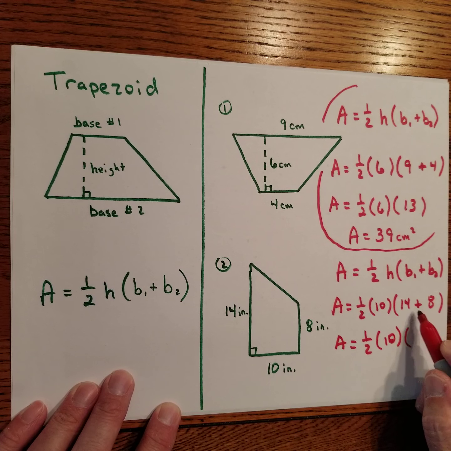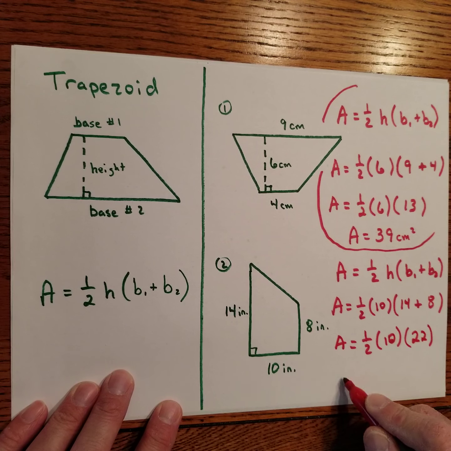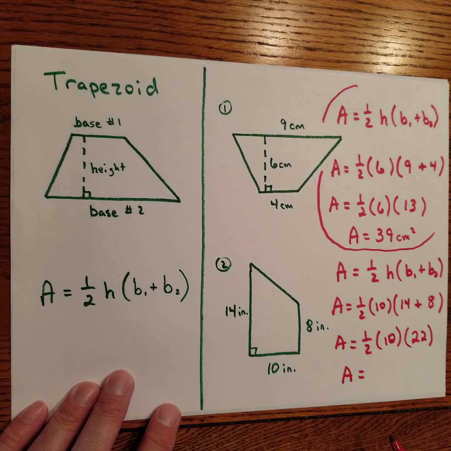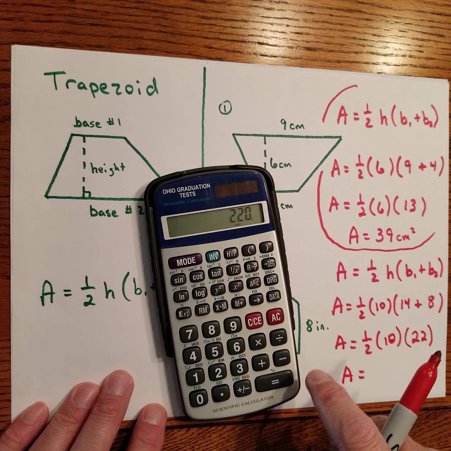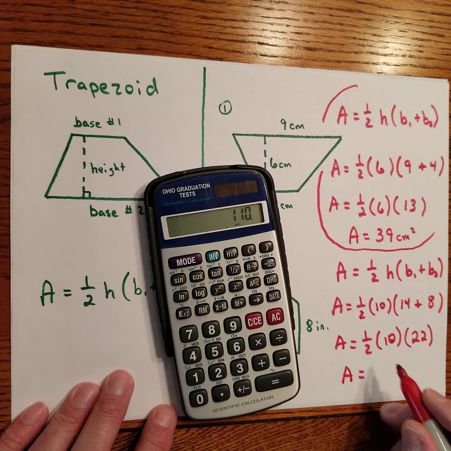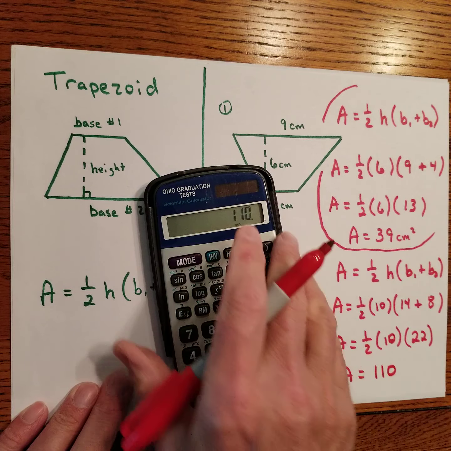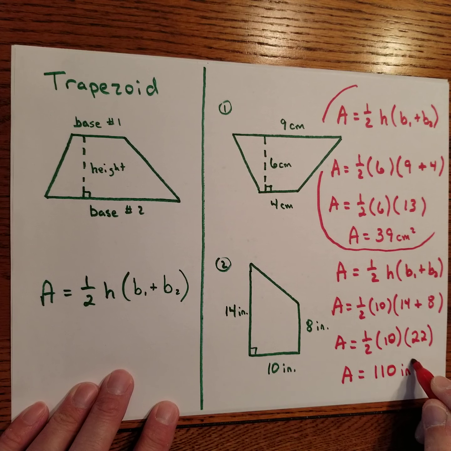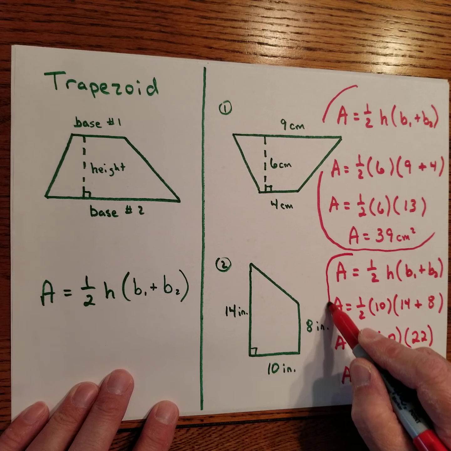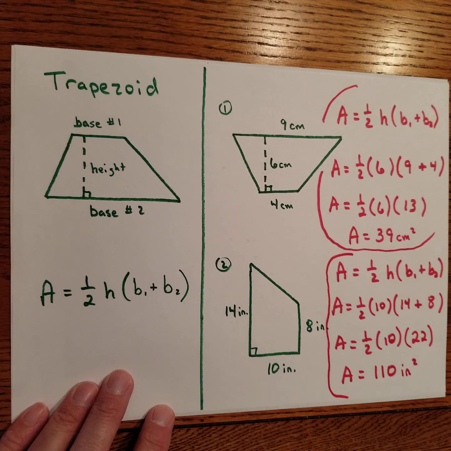Next, let's add 14 and 8. 14 plus 8 is 22. For my final answer, we'll multiply 10 times 22, divide by 2. I get 110. This problem was in inches. That's 110 square inches. Beautiful.